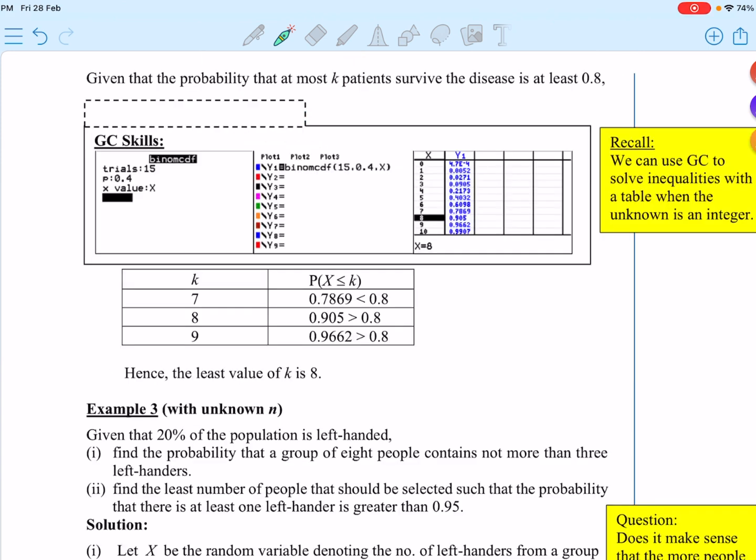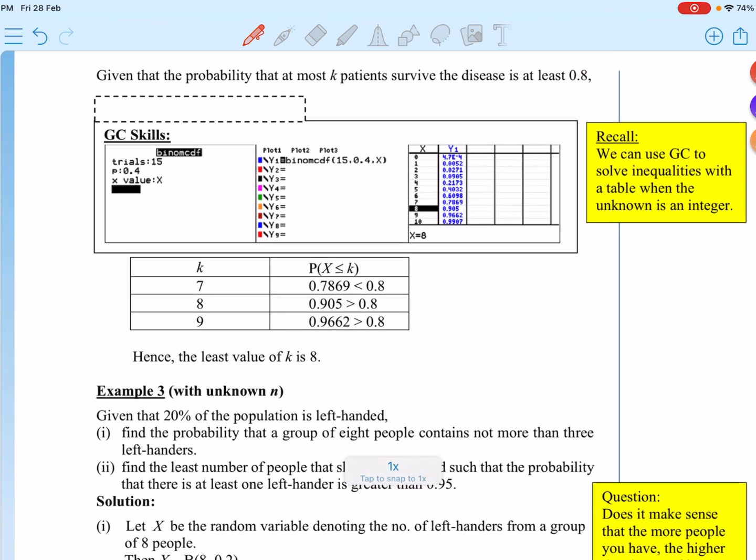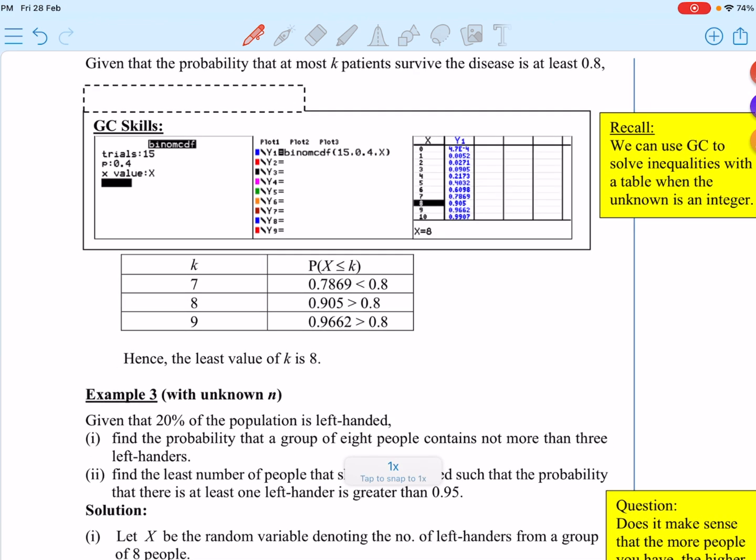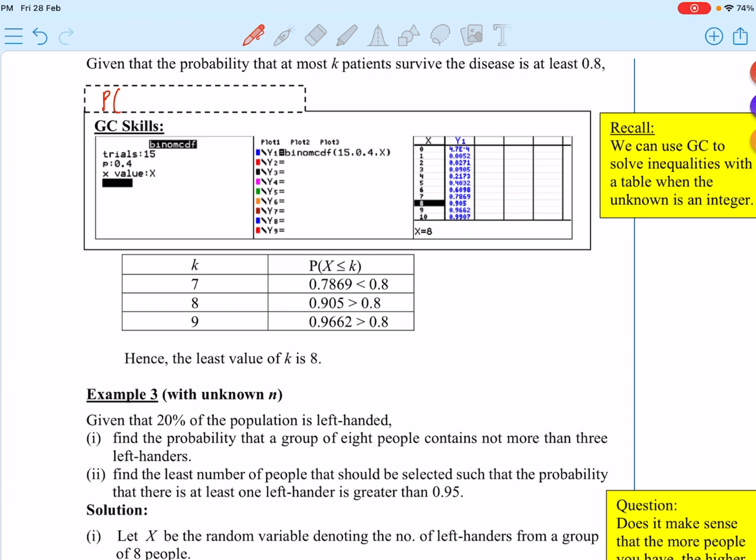In the last part of this question, we are given that the probability that at most k patients survive the disease is at least 0.8. So how do you represent this in a probability statement? Alright, so first we write probability of something.